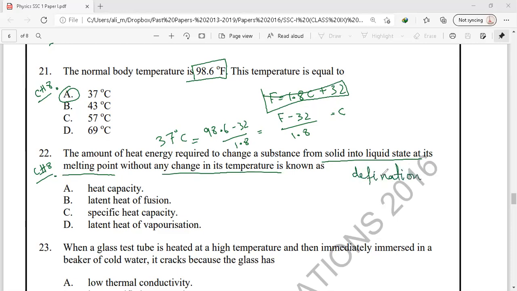Let's see which quantity this is. The conversion from solid to liquid is known as melting, while the energy that is absorbed by the substance to completely convert from solid to liquid is known as latent heat of fusion.